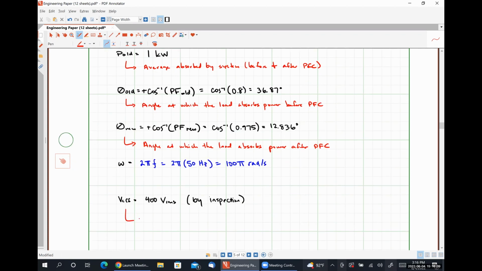And V effective here is just the magnitude of the voltage drop, RMS phasor voltage, across the capacitor.